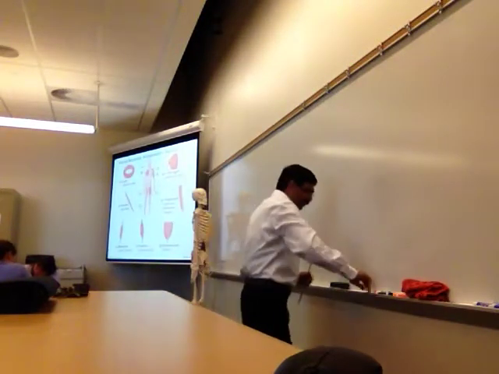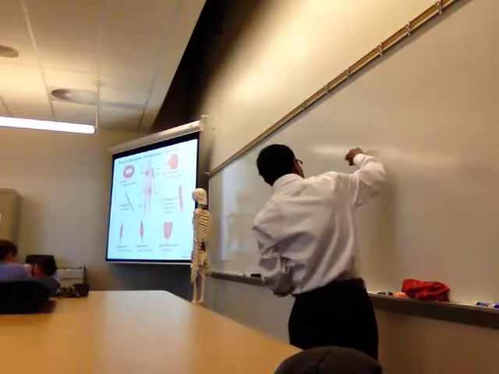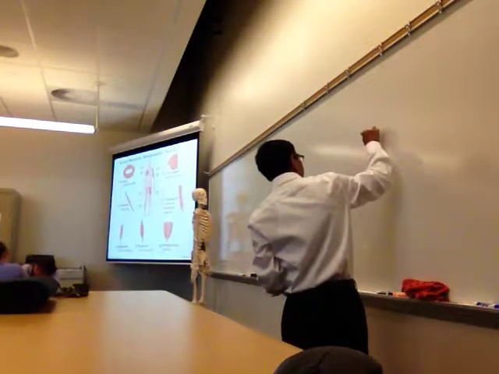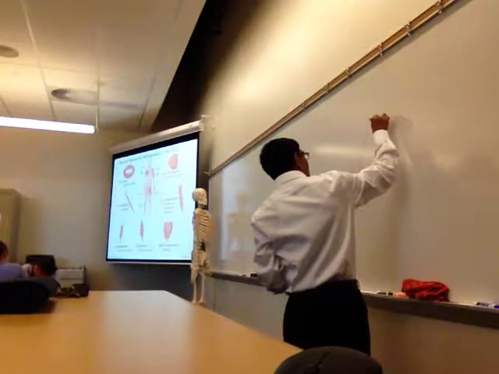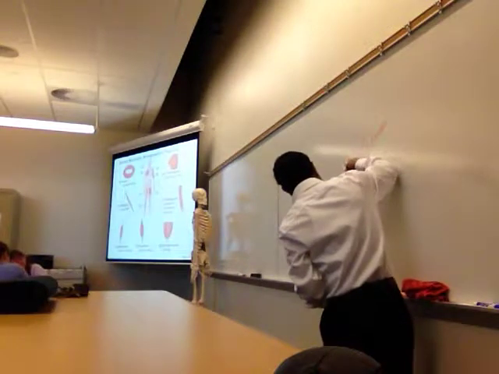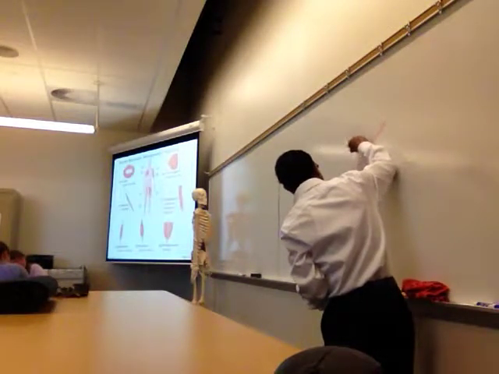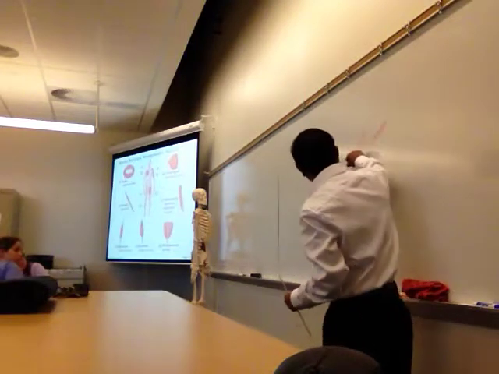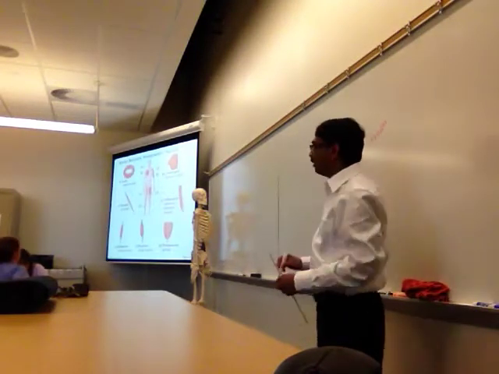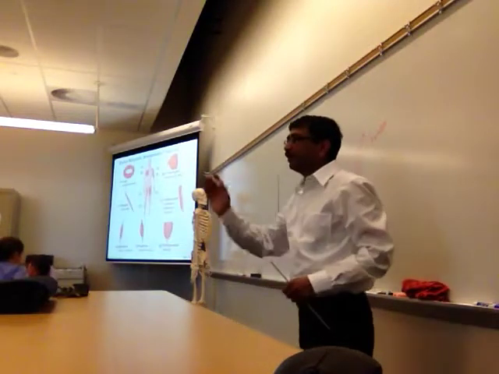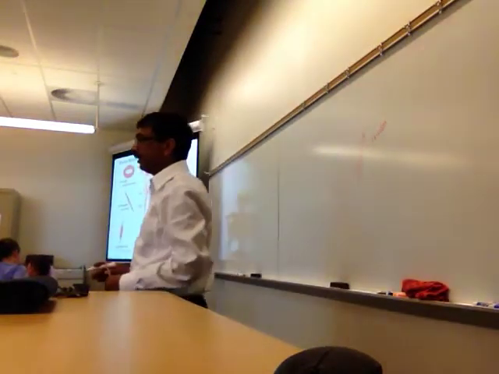If you see the muscle, this is the tendon of the muscle. And if you see that muscle fibers arise from one side of the tendon, like this, that is called unipinnate. So the muscle fibers are present on one side of the tendon.